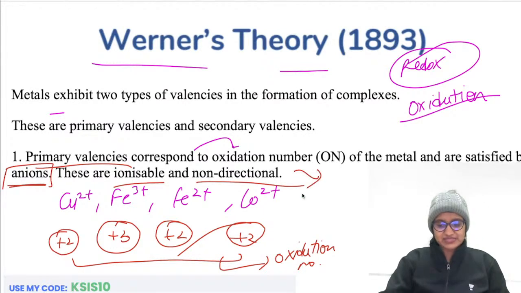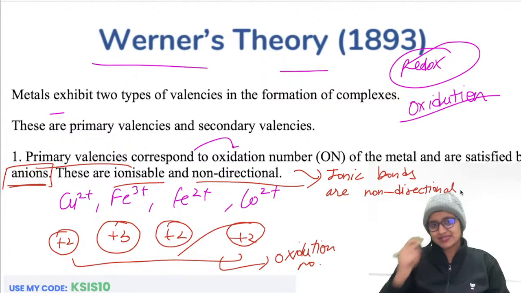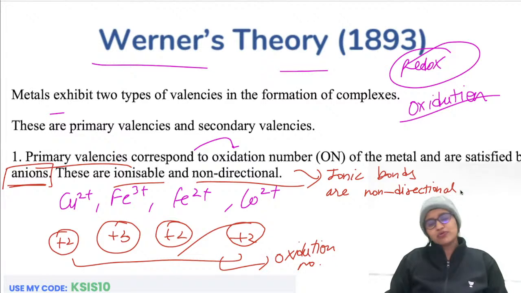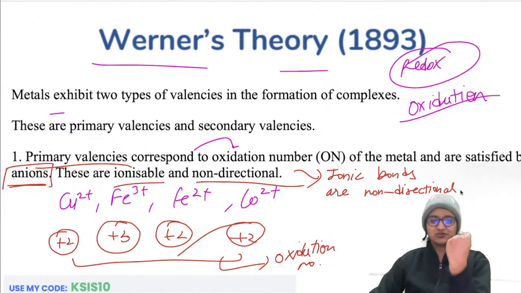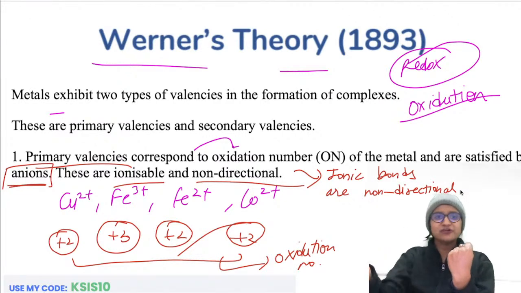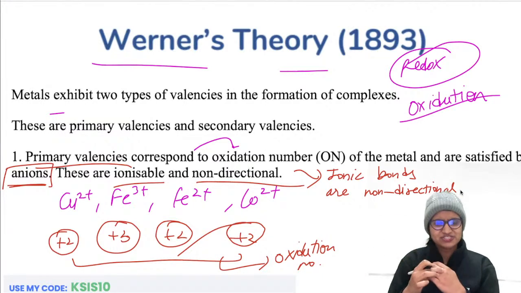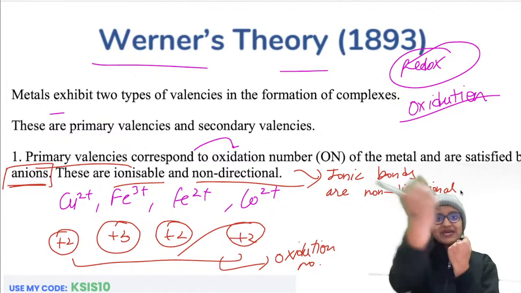We have already done in class 11 that ionic bonds are non-directional. How can you say that? See, if this is the cation, it doesn't matter to it in which direction the anion is present. The cation will simply attract the anion and they will form a bond. But when it comes to a coordination bond or covalent bond, the direction matters.